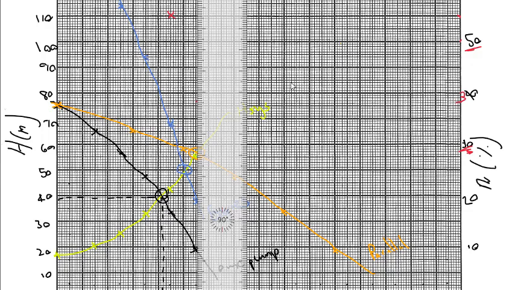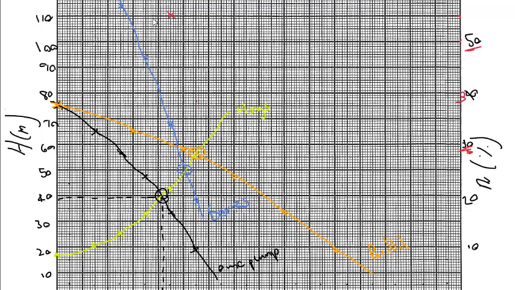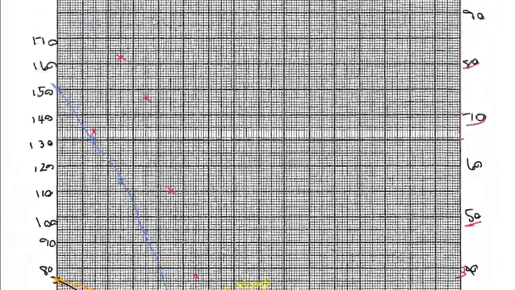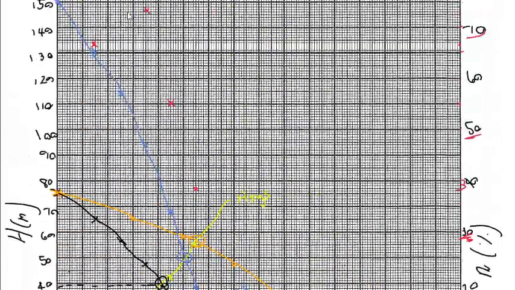So it's going to be somewhere here. Turn off the ruler, and that's going to be your last point, being at 38 meters of head with a discharge of 0.055.